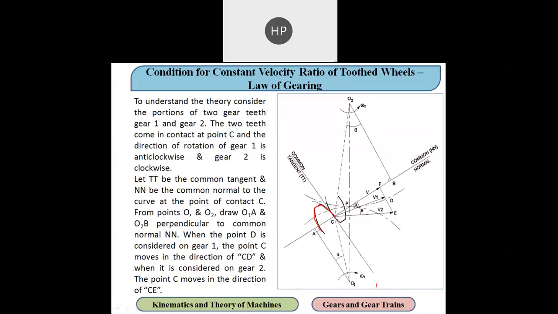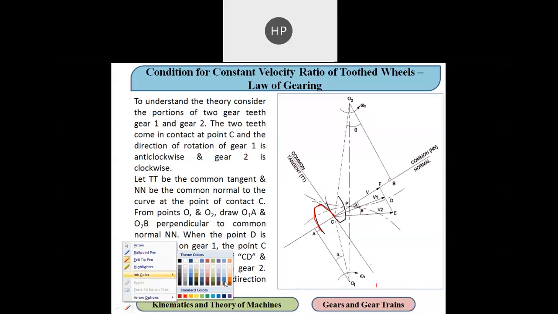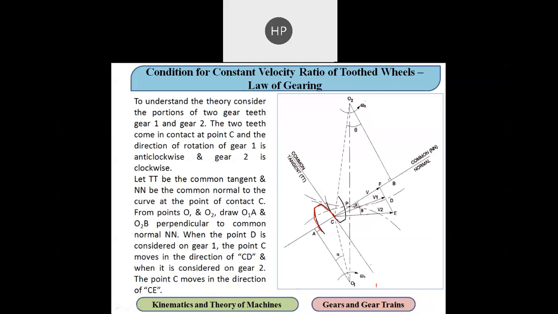Then we have the second gear, gear number 2, its center is O2, and of gear 2 we have this tooth. So this is the tooth of gear number 2.